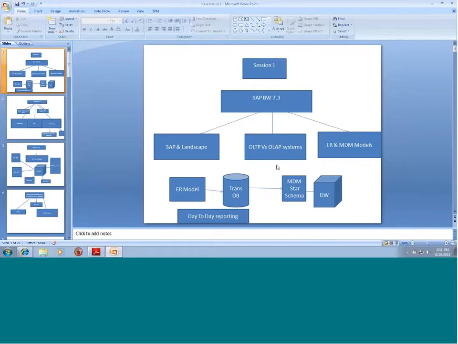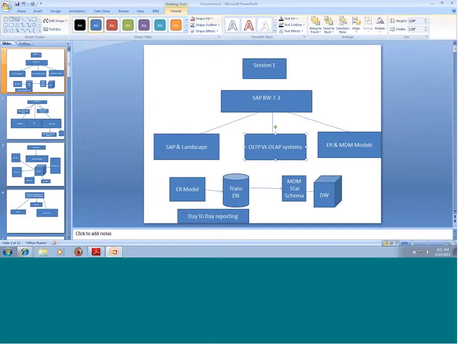So in the next session, this is what we are going to be talking about: OLTP system versus OLAP system. There are certain limitations with an OLTP system. So we are going to first look at what an OLTP system can do. As the name transaction itself suggests, it holds transactional detail level of information.